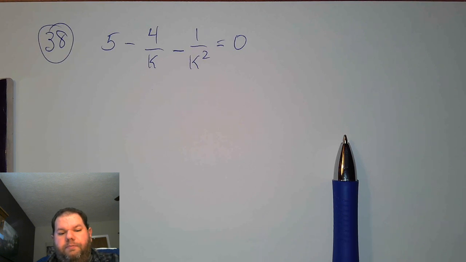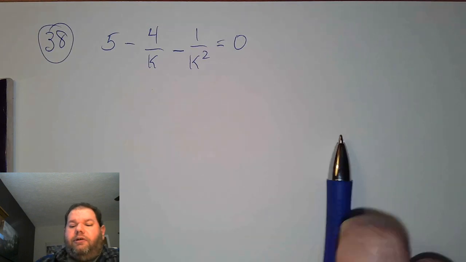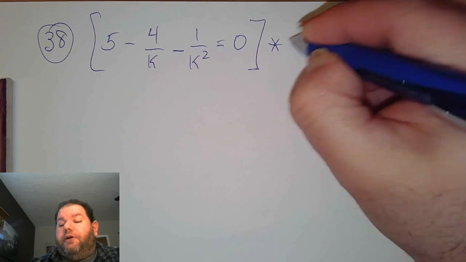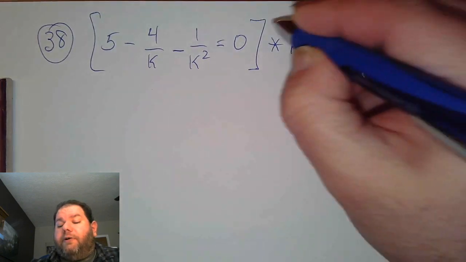I said this doesn't look quadratic, but it will be after you multiply by the common denominator. And I think that's what I was leading up to. The common denominator in this case is k squared. So what we would do is multiply all three of our terms here by k squared.